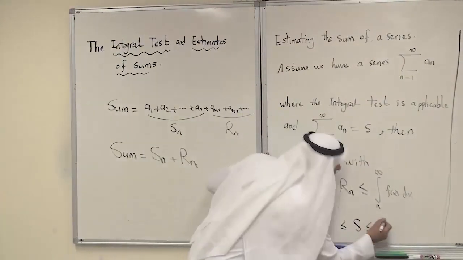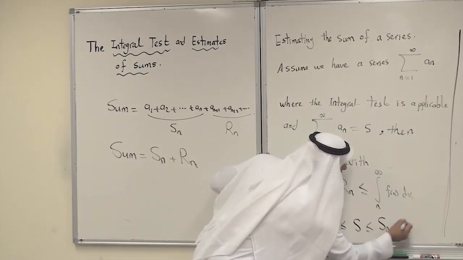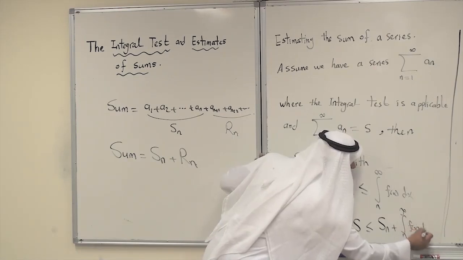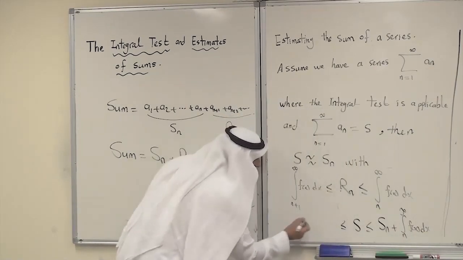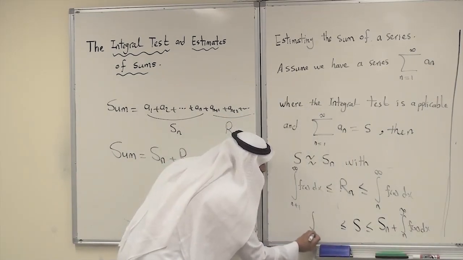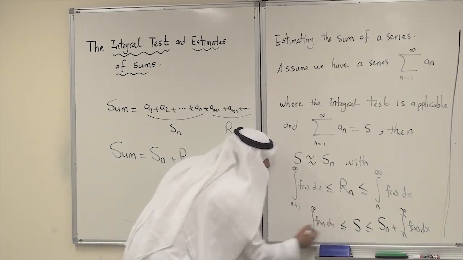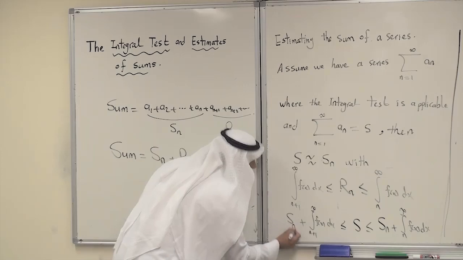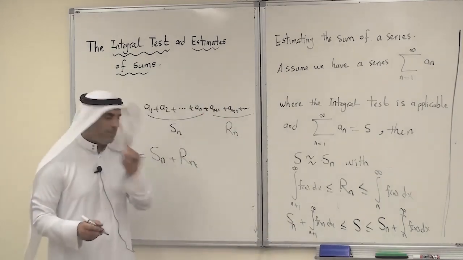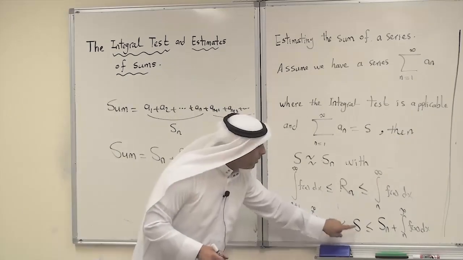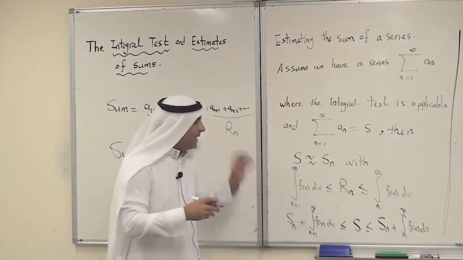So this is less than or equal to Sn plus the integral from n to infinity of f of x dx. And this is greater than or equal to the integral from n plus 1 up to infinity of f of x dx plus Sn. So once you find the partial sum and the error, you end up with an estimate of the exact sum.